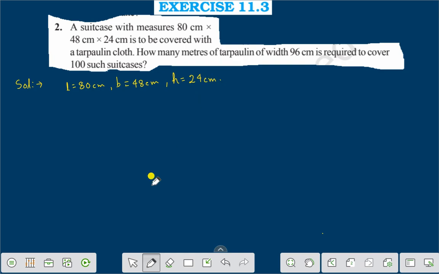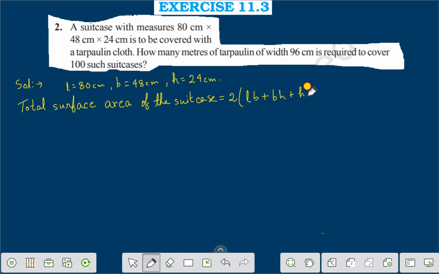We know that the surface area of the suitcase, since it is a cuboid, the total surface area of the suitcase is equal to 2 into (length into breadth plus breadth into height plus height into length).